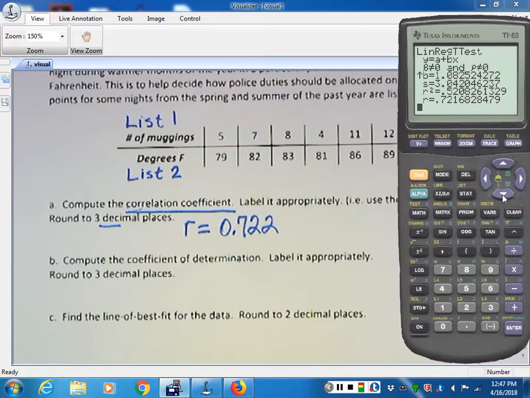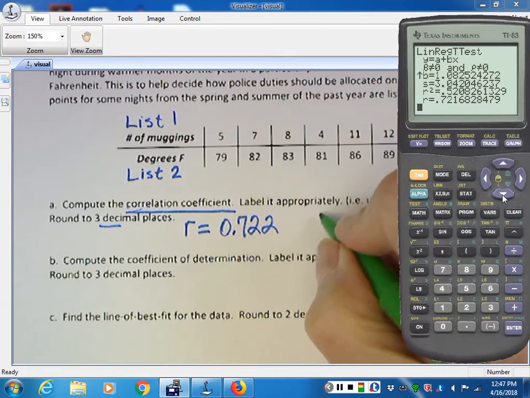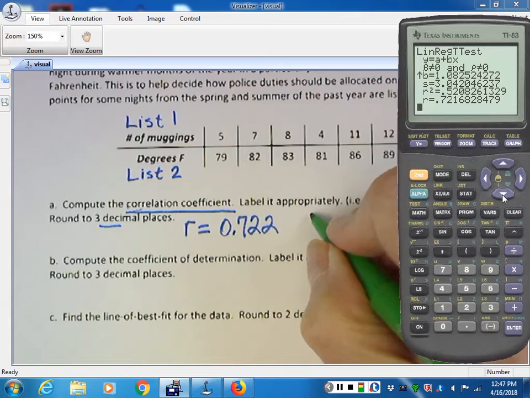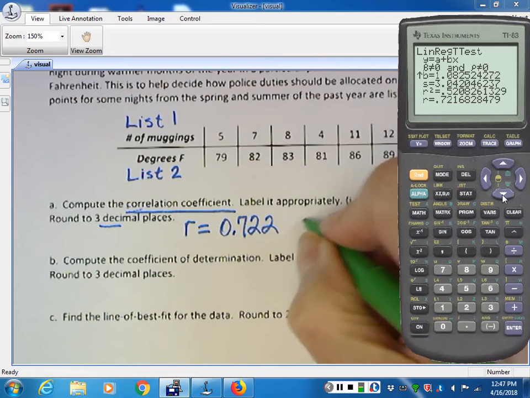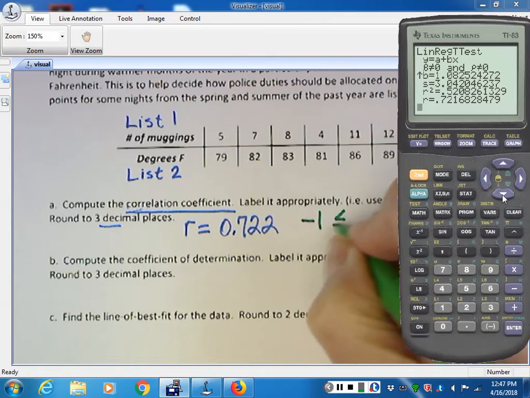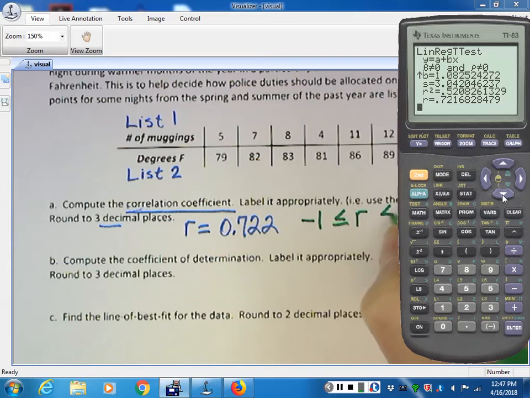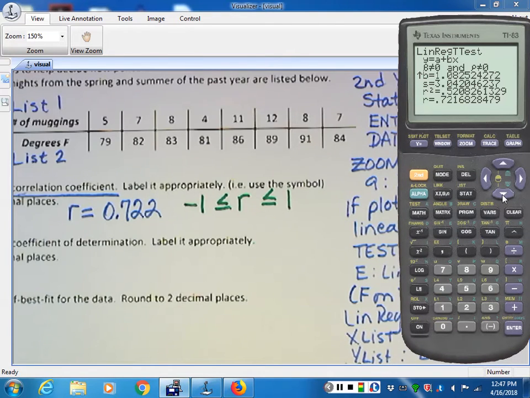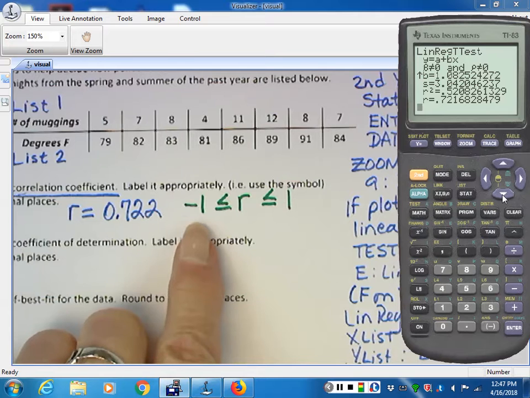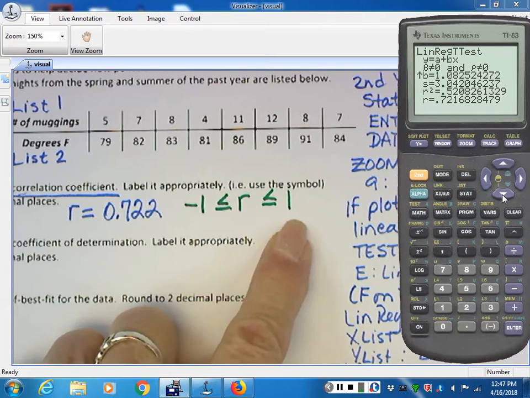Now, some things that you'll know about R after tomorrow or after Wednesday: R is always between 0 and 1. Or, excuse me, always between -1 and 1. That's one of the conditions of R. The closer R is to either -1 or +1, the stronger the relationship is between your set of data.